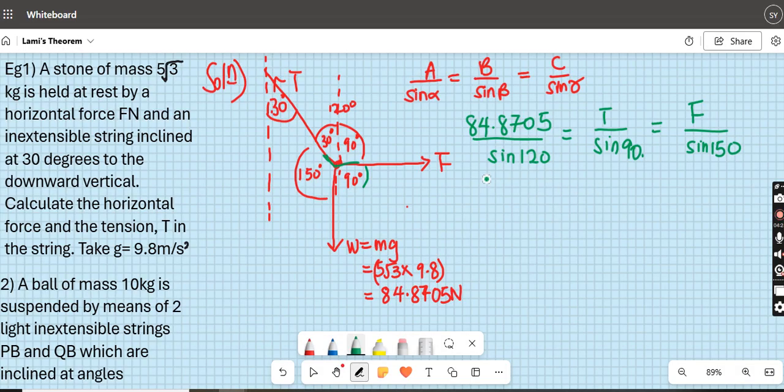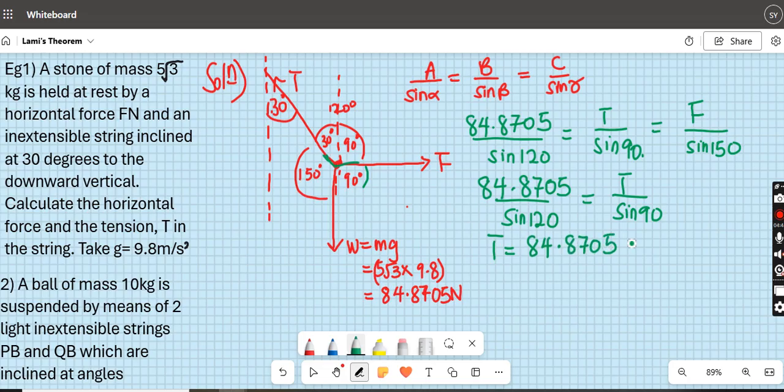Let's find T. 84.8705 over sine 120 is equal to T over sine 90. So we can make T the subject, and we'll have 84.8705 times sine 90 all over sine 120.